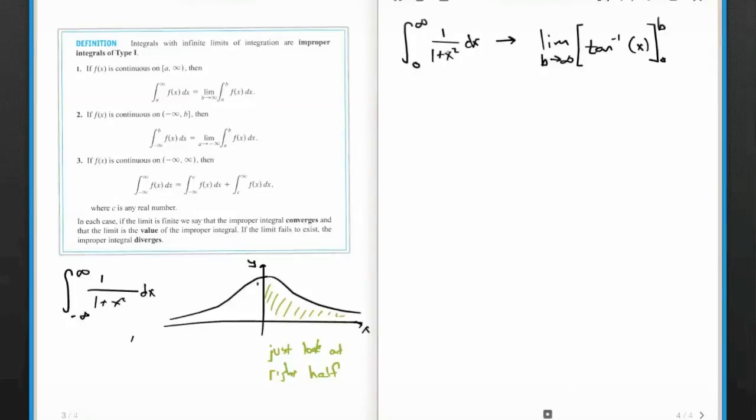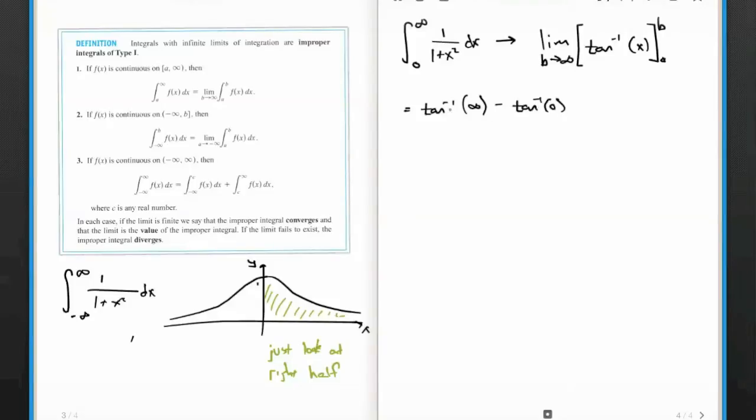This is going to come up a lot. 1 over 1 plus x squared is always going to turn out to be this arctangent, the inverse tangent function. All right, but now we've got to figure out, well, when we stick a b in here, what happens? The inverse tangent of infinity, first of all. So this equals arctangent of infinity minus arctangent of 0.